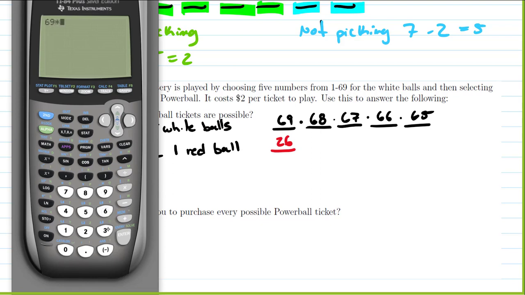So 69 times 68 times 67 times 66 times 65. That's my stage 1, times the number of Powerball choices.